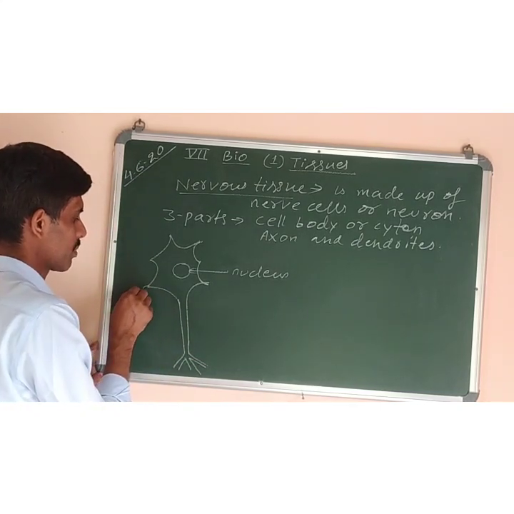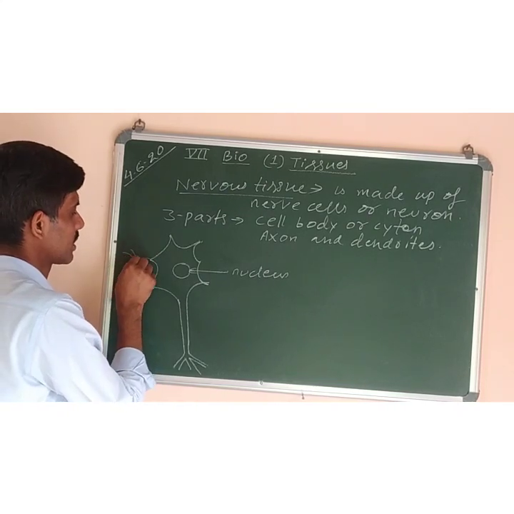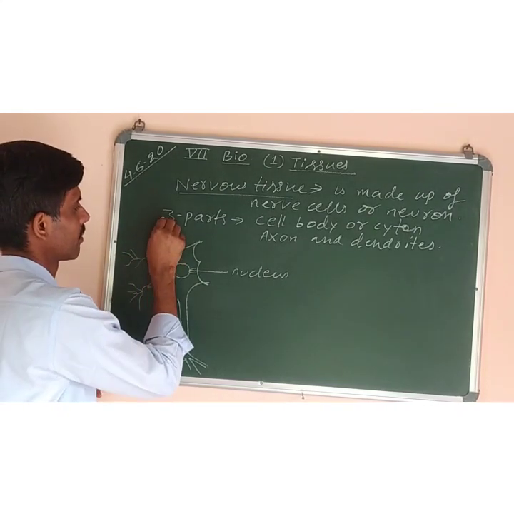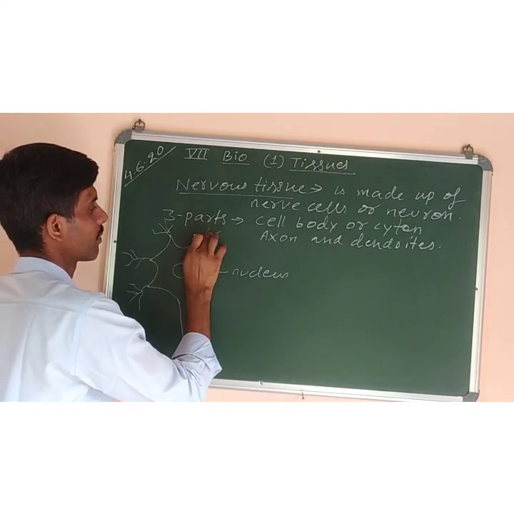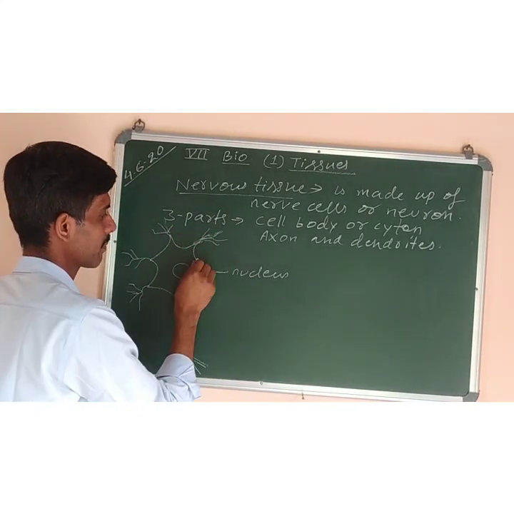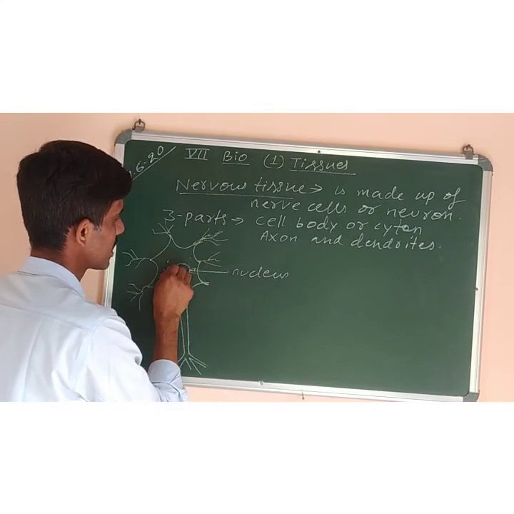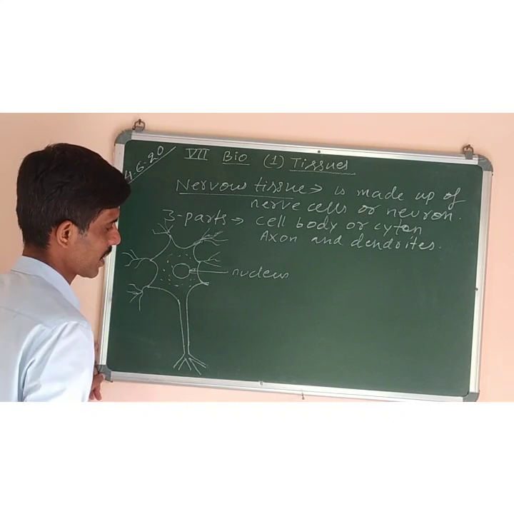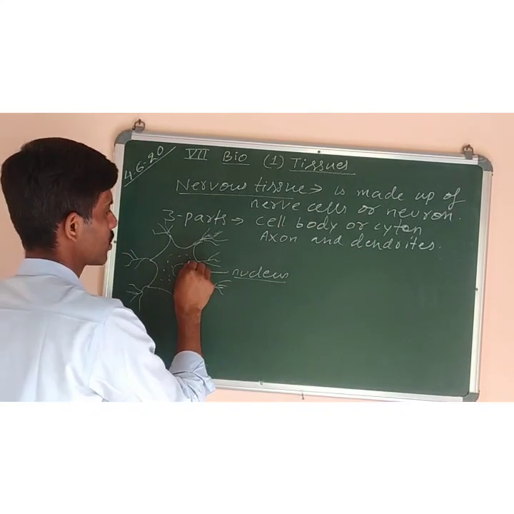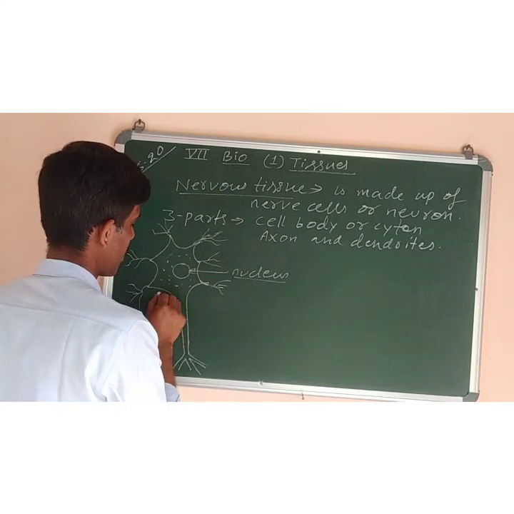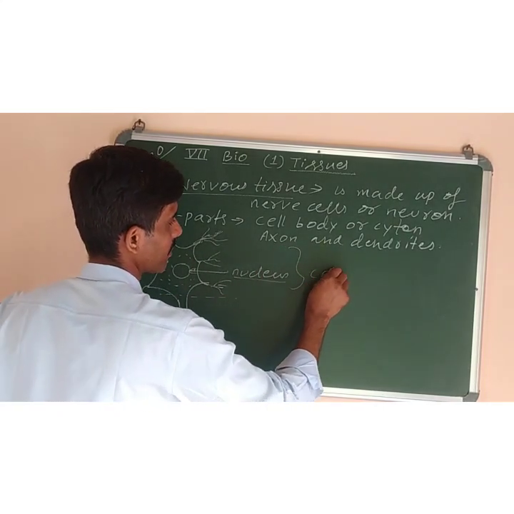I will branch it like this into root-like structures. You can see how I have drawn. This one is called the nucleus, and the cytoplasm is present inside it. From here to here, this part is known as cell body or cyton.